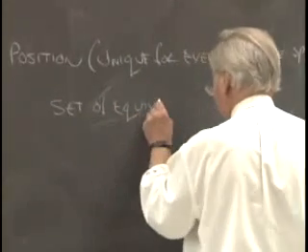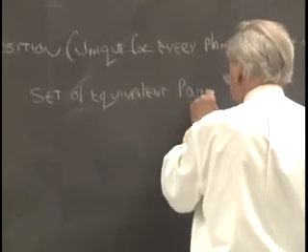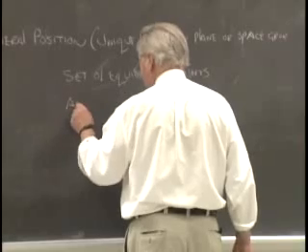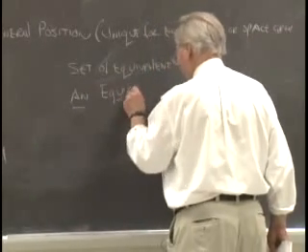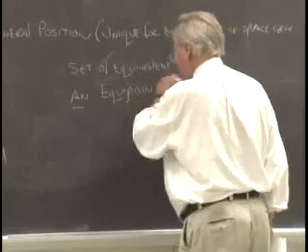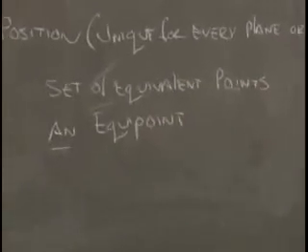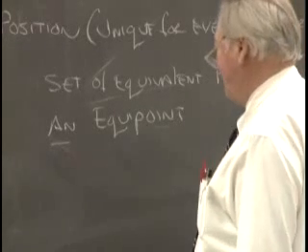Equivalent in the sense of being related to one another by symmetry. And the entire set is sometimes referred to as an equipoint, sort of a condensed jargon for a set of equivalent positions. So when one speaks about an equipoint of rank 2 in this case, or rank 1.